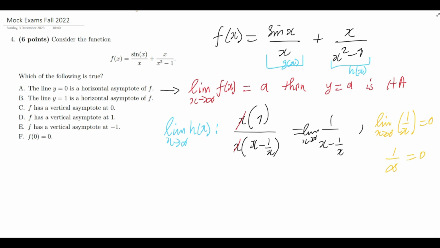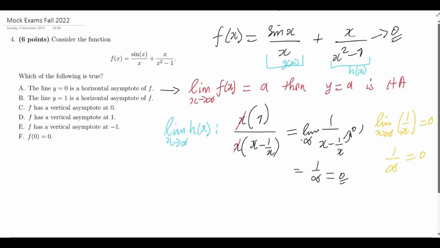You have to know that 1 on infinity is 0. So if we apply that in our equation here, the limit of this function as it tends to infinity will be 0. We already saw that from here, and this will be like 1 all over infinity as well, which is equally 0. So we know that h of x tends to 0 as x tends to infinity.